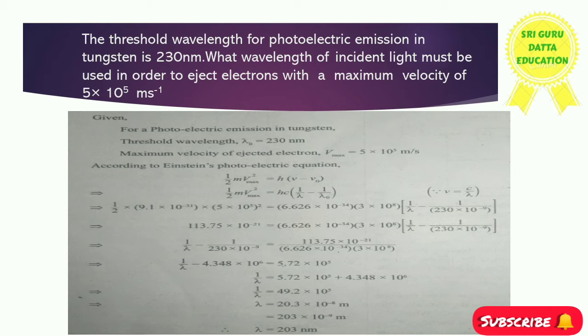The threshold wavelength for photoelectric emission in tungsten is 230 nanometers. What wavelength of incident light must be used in order to eject electrons with a maximum velocity of 5 into 10 to the power of 5 meters per second?